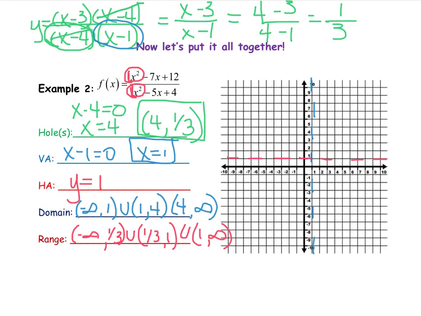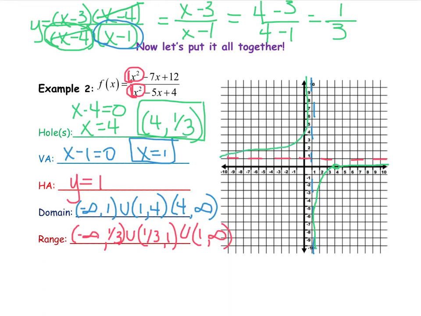I'm going to go to the right 4 and up 1/3. Well, that's not going to be very far at all. I know it looks like it's at 4, but we can imagine that it's at 4 and 1/3. Now, from there, I'm going to go ahead and finish my curve. So there's one of them, which means my other one is going in this direction.